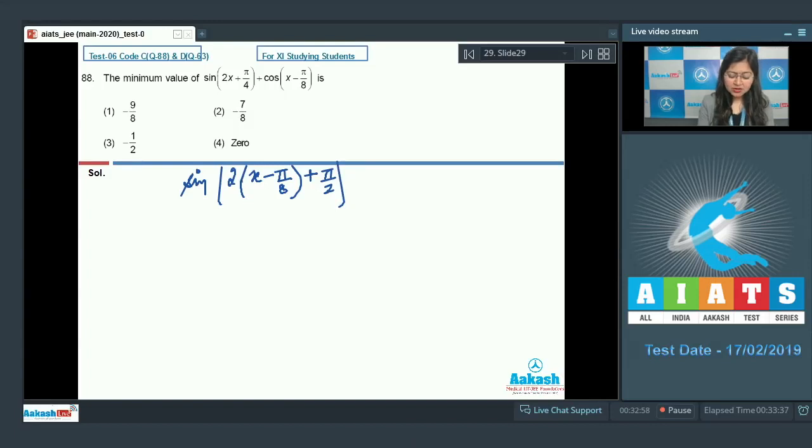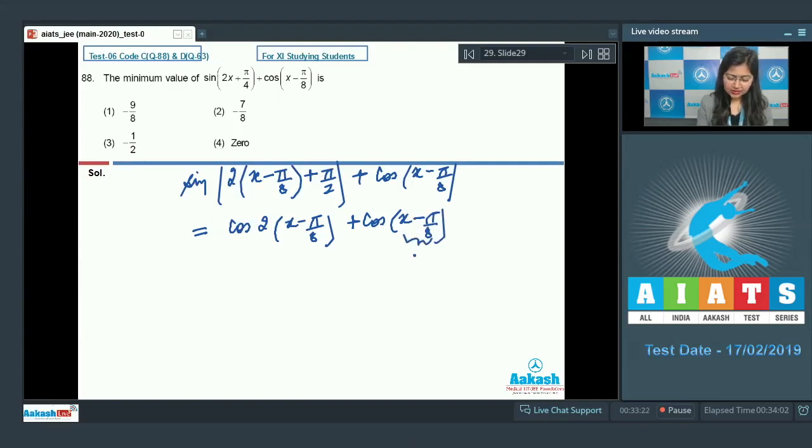Right? This will give us 2x minus pi by 4 plus pi by 2, that is 2x plus pi by 4, plus cos of (x minus pi by 8). That is, this can be written as cos of 2 times (x minus pi by 8) plus cos of (x minus pi by 8).